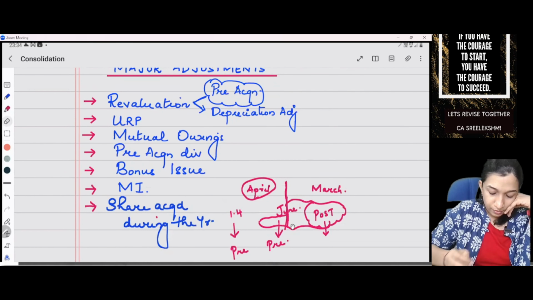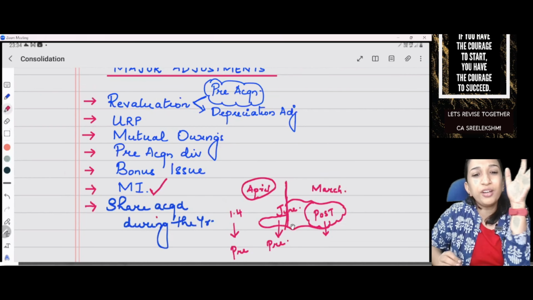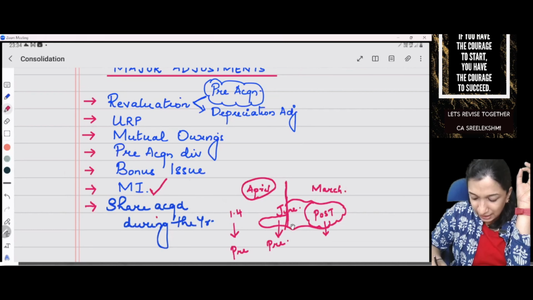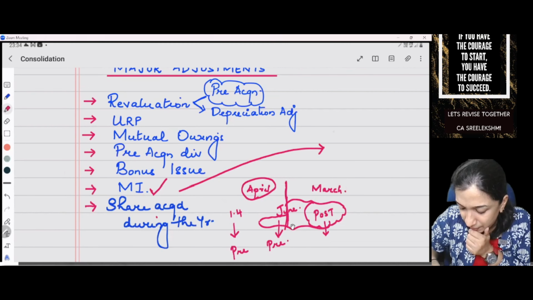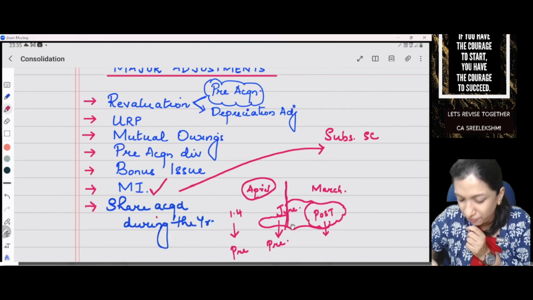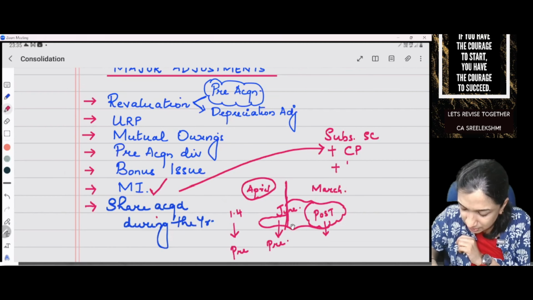So what is written regarding minority interest? There is a point you need to remember. How do we calculate minority interest? Subsidiary company's share capital plus share of capital profits, that is pre-acquisition profits, plus share of post-acquisition profits.